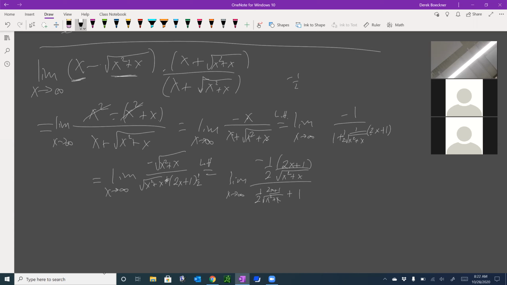I don't know why it wants us to use L'Hopital's rule. Let's just do the algebra and ignore that the book says use L'Hopital's rule. Unless somebody sees how to use L'Hopital's rule, is there some algebraic manipulation you can get so that the derivative doesn't get all screwy?